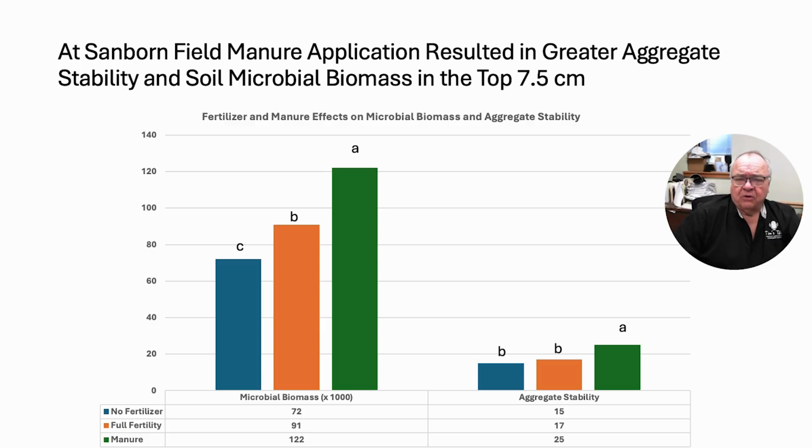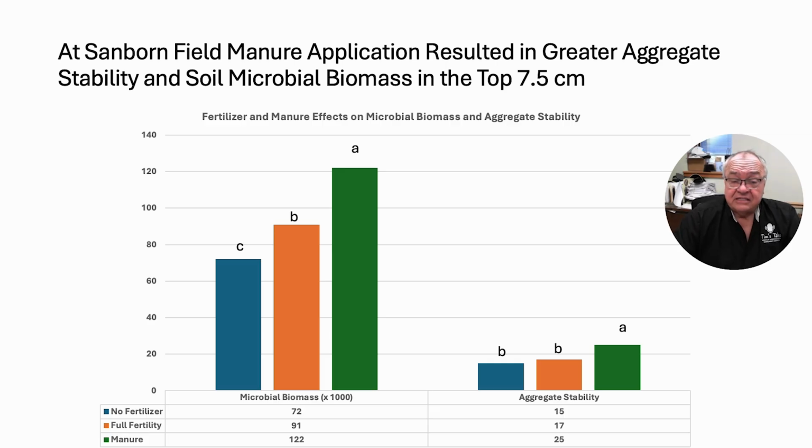One thing we wanted to look at is soil health based just on fertility treatments. So let's take a look at soil microbiology where we have no soil fertility, where we have soil fertility with N, P, and K and lime, or where we have 6 tons of manure per acre.